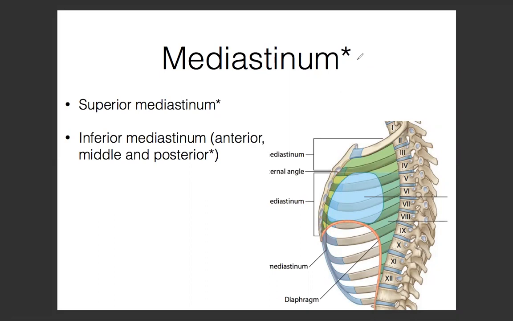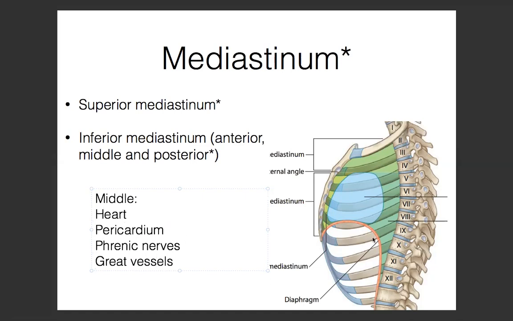The middle one, its content is the heart and the pericardium itself, which is considered part of the middle. So in the middle one you have the heart, the pericardium itself, the phrenic nerves, and other contents that are not that important, which are the great vessels as well. Part of the great vessels count.